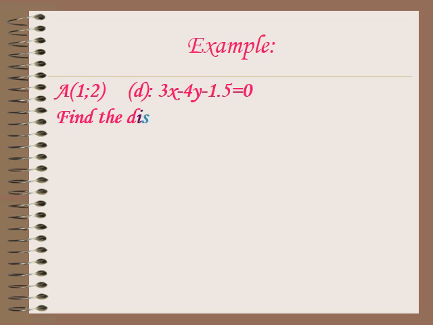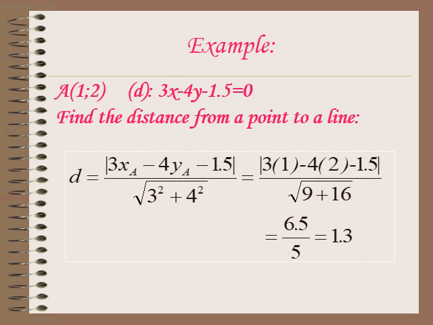Example. Find the distance from a point A to line D of equation 3x minus 4y minus 1.5 equals 0. So the distance is equal to 3 x_A minus 4 y_A minus 1.5, all in absolute value, over radical 3 square plus 4 square.